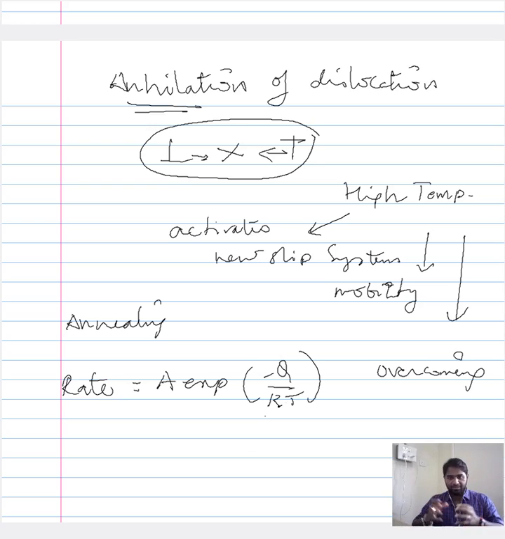So the rate at which this decrease in energy happens, one way being through the annihilation of dislocations, can be expressed in this relation, meaning whenever there is an increase in temperature T, there is an increase in the rate of annihilation, or the decrease in the energy.